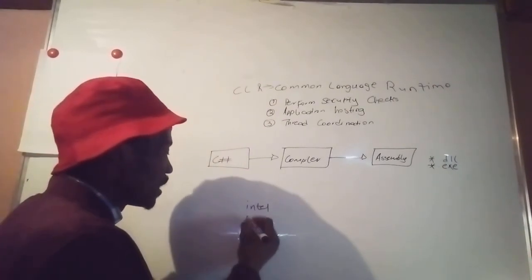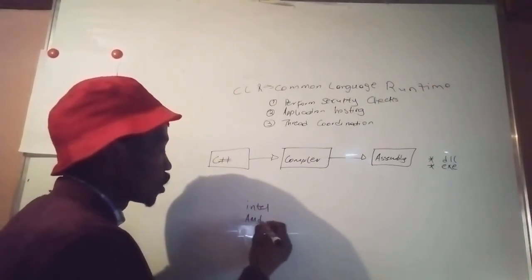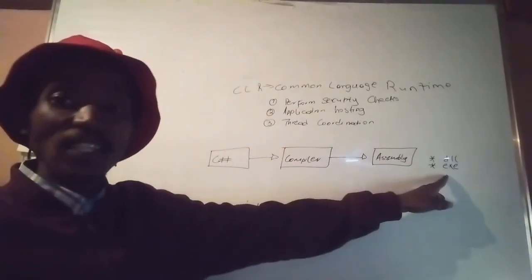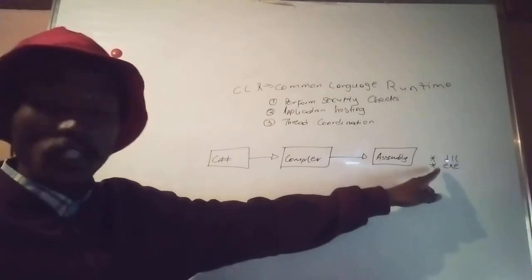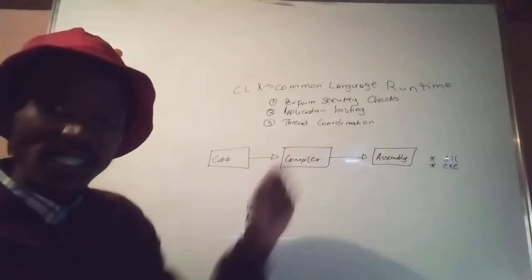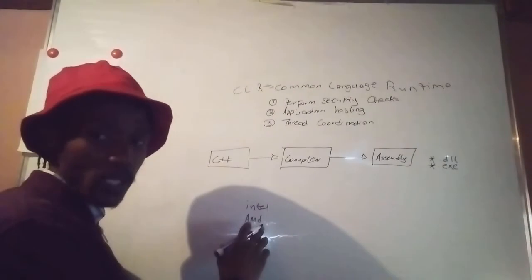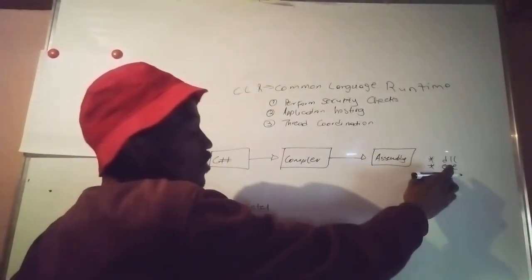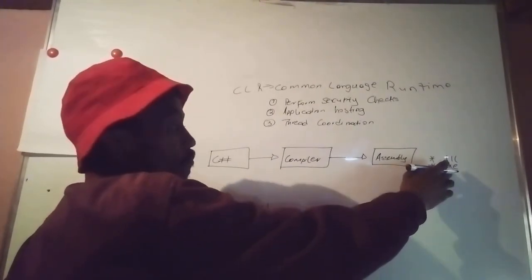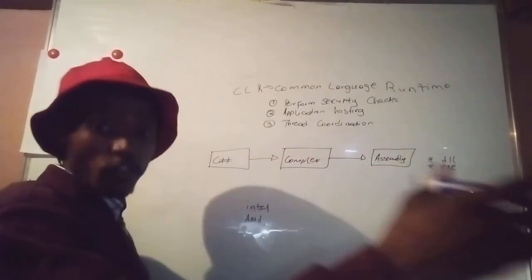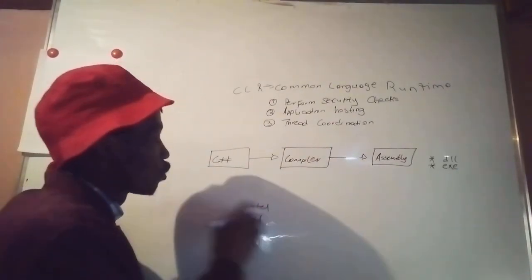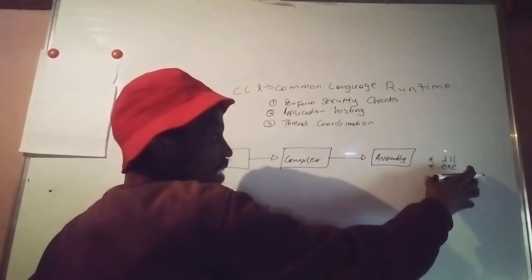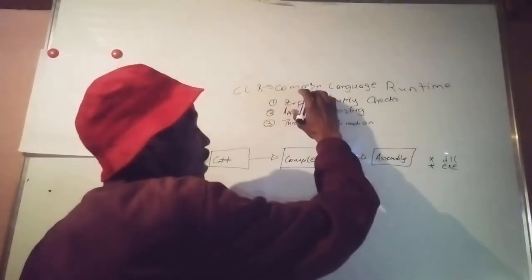If your application is running on a computer which has the AMD microprocessor, the CLR is going to take the set of instructions within this file and convert them to instructions that are going to be understood by the AMD microprocessor. But the set of instructions within these files is not platform specific. That means they are not compiled to execute on any particular platform. It's just a set of instructions that can be understood by the CLR.